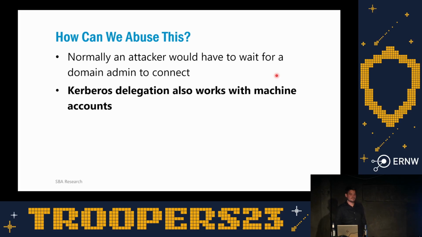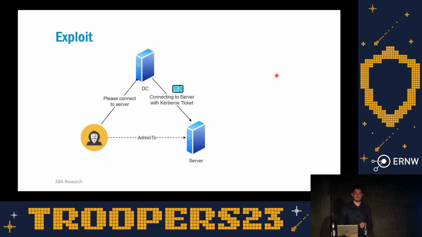So the cool thing is Kerberos delegation also works with machine accounts. And as we saw before, we can coerce a machine account to connect back to us. How does this work? So the attacker coerces the domain controller, in this case. The attacker here is already admin to this server here, which has unconstrained delegation enabled, and the attacker coerces this domain controller to connect to this server.